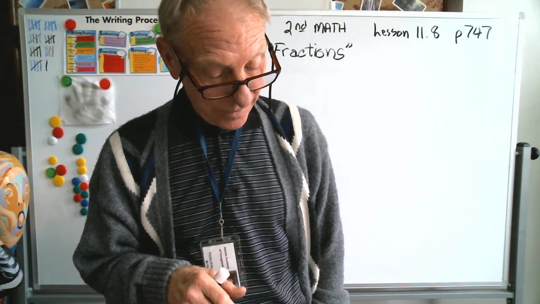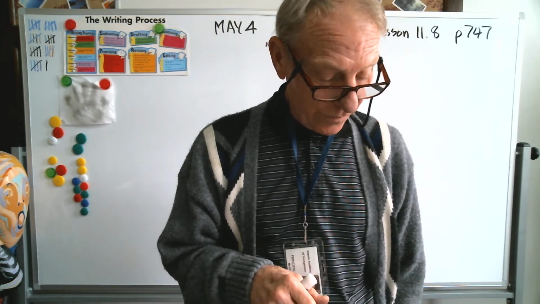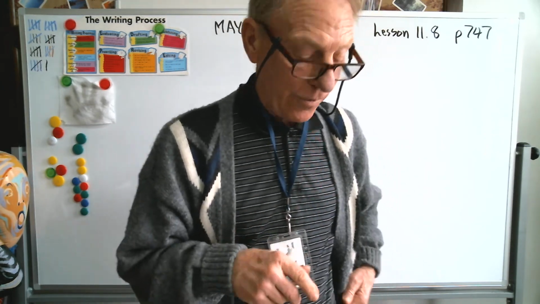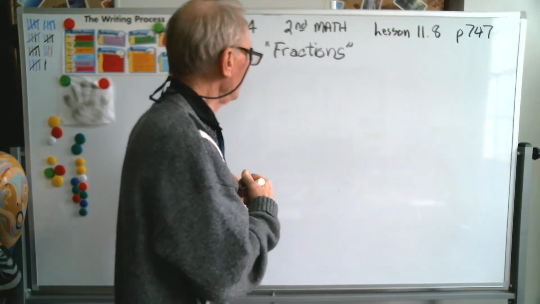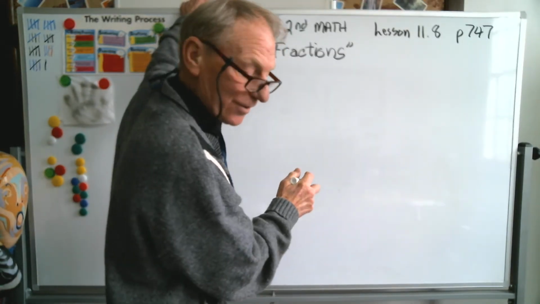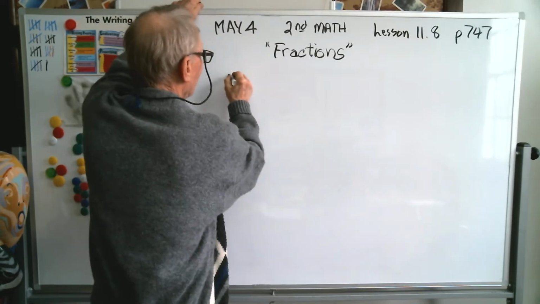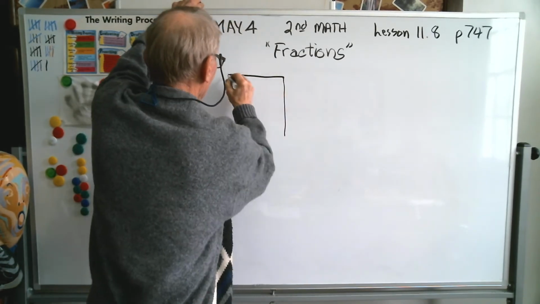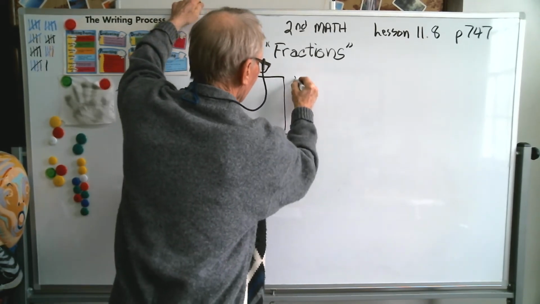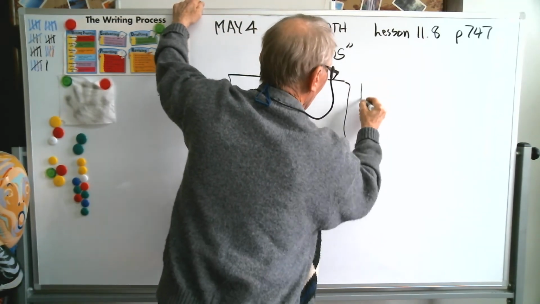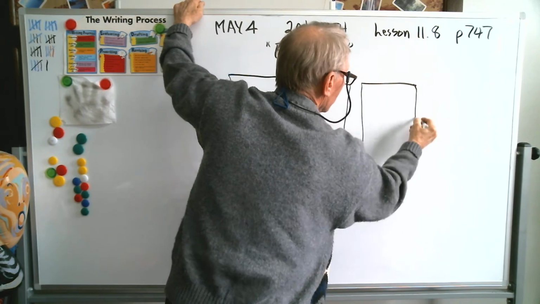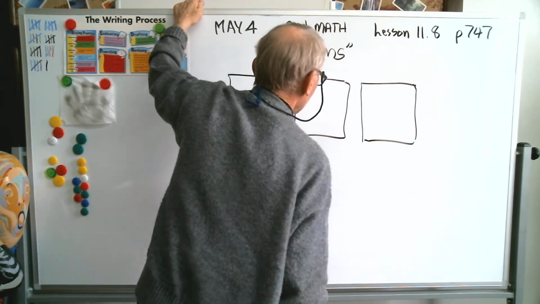And number 15, draw lines to show fourths, 3 different ways. Now they're really asking you to think a little bit here. Because, like I said, there's always more than one way to solve a problem.